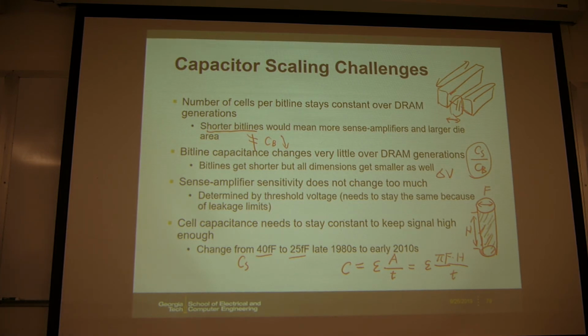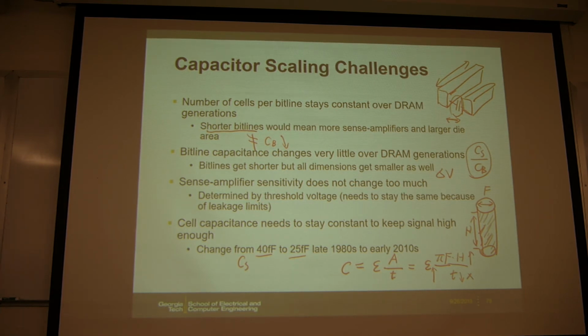So now you don't want C to decrease. Then what can you do from that equation? You make the dielectric thinner. Dielectric thinner, yes. So it's going to leak more. Yes. So that means you cannot really do this too much. Change the dielectric constant. Change your dielectric constant, yes, and make it even taller.